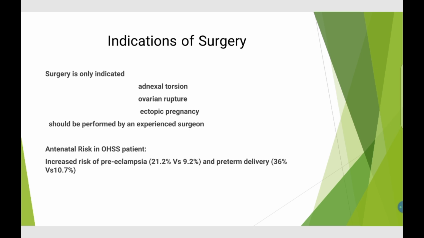And preterm delivery risk is high, almost 36%, that is, more than one-third of cases will have preterm delivery, as compared to 10.7% in patients who do not have OHSS. So preterm delivery complication is almost 36%, or 1 in 3 cases, and preeclampsia 1 in 5 cases, or 21%. Again, we should remember this figure from an MCQ point of view.